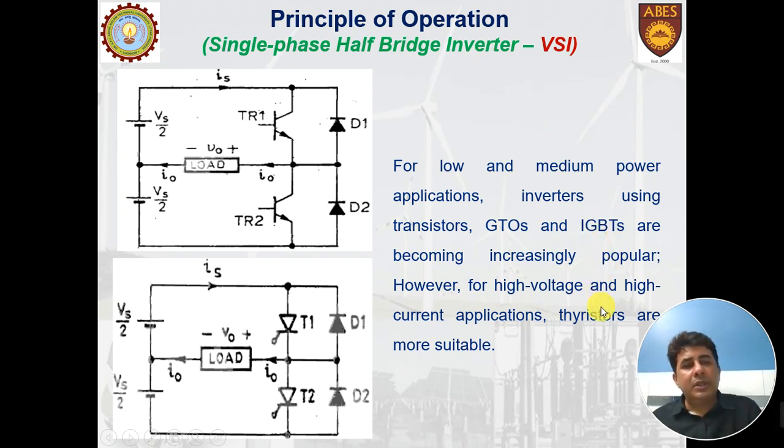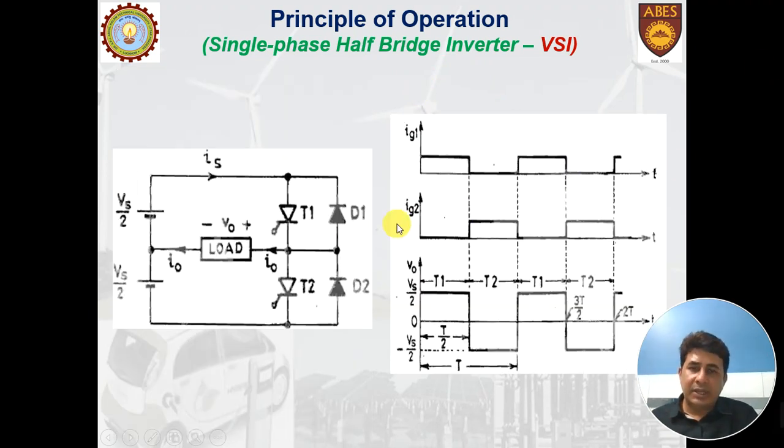And for the very high power levels, like in case of HVDC, we use the thyristors as these devices. Now, half bridge configuration is not much used, but yes, for the understanding, we shall discuss the half bridge inverter as well.